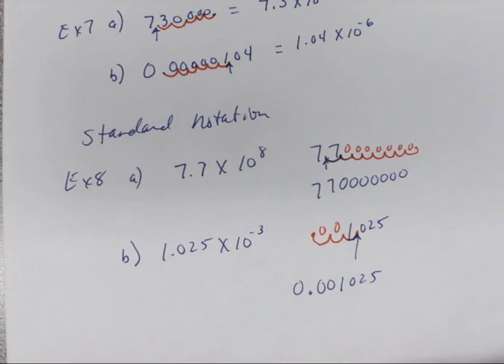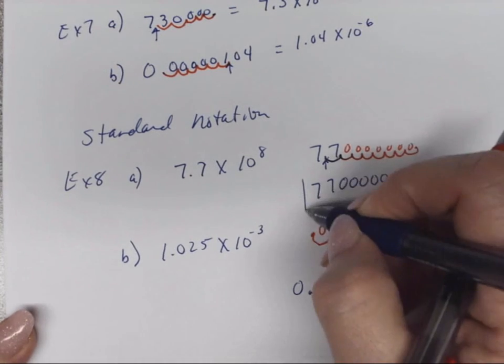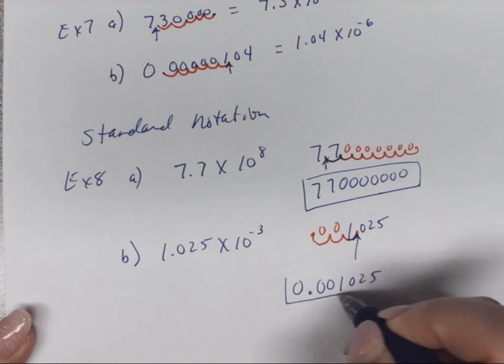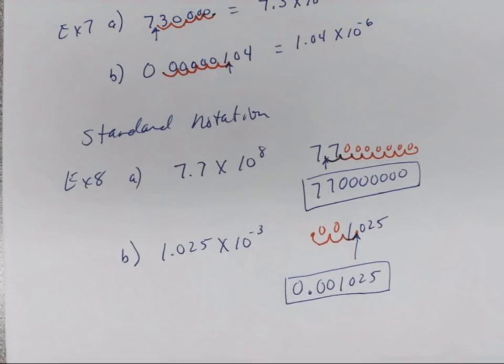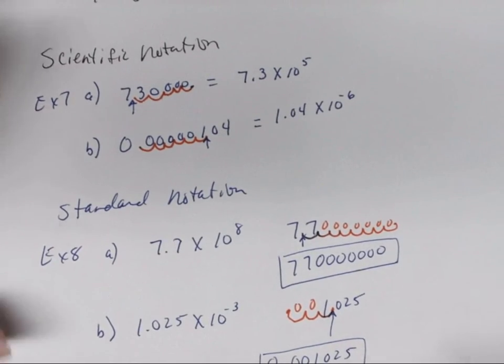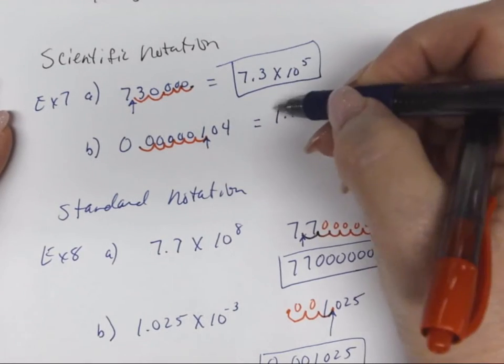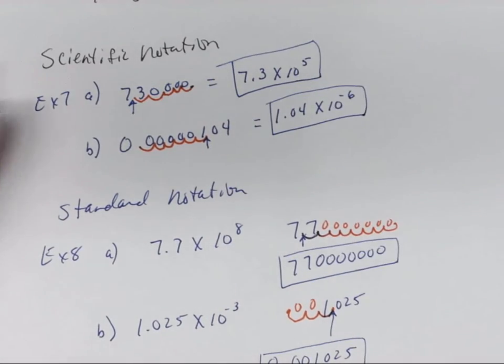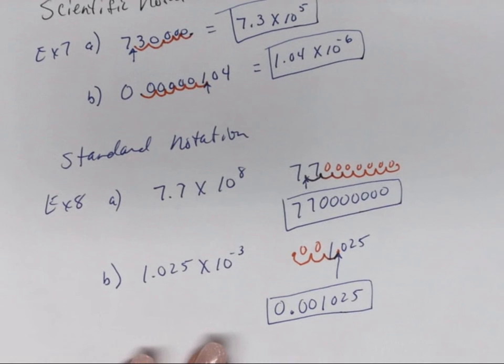I like to put the 0 in front, but you don't have to. So this would be your final answer here, and this would be your final answer there. Don't answer with leaving all the loops if you're preparing for an exam. And these would be your answers. And that's scientific and standard notation.